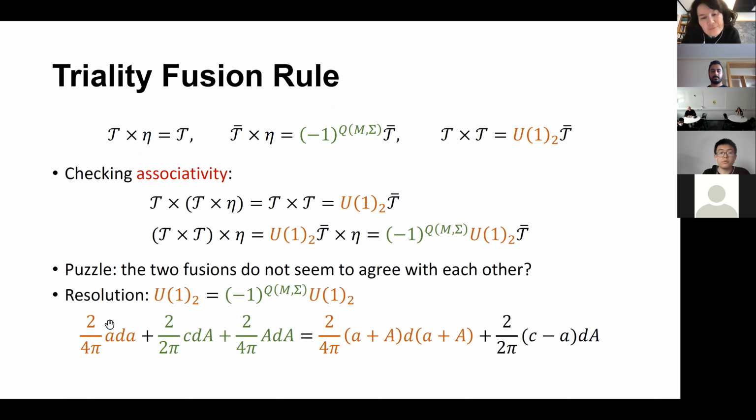So here we prove the relation that a U1 level 2 Chern-Simons theory is invariant under stacking a -1 to the power q SPT. A consequence of this relation is that whenever we have a manifold where -1 to the power q is non-zero, then the partition function of U1 level 2 has to vanish on that manifold.